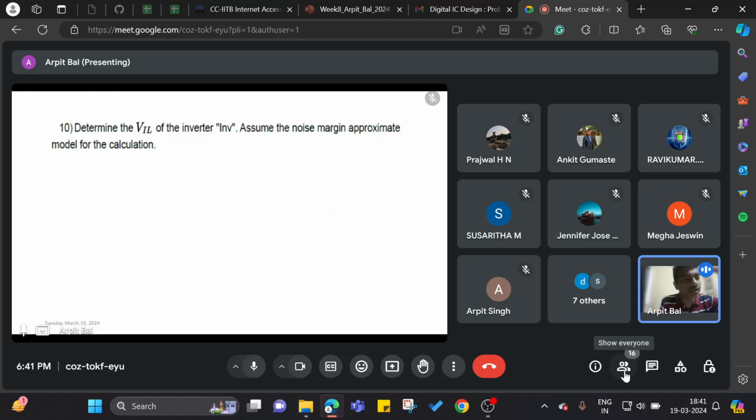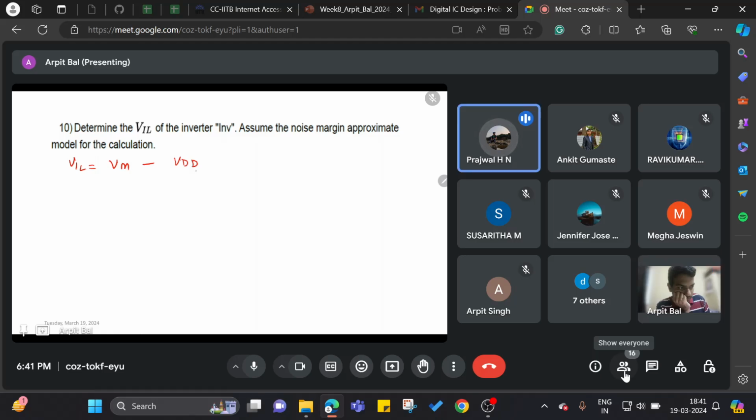So can someone tell me what is the formula for VIL? VM minus VDD by G in bracket. No, VM minus in bracket VM minus VDD by G. No, that's incorrect, I guess.